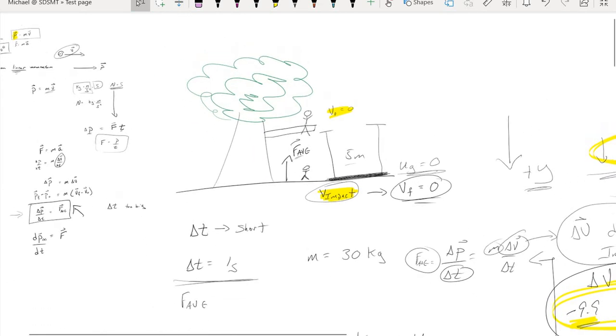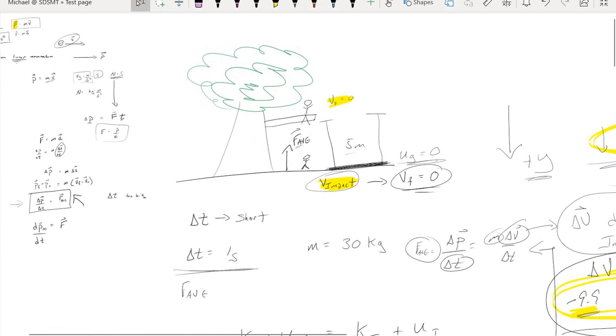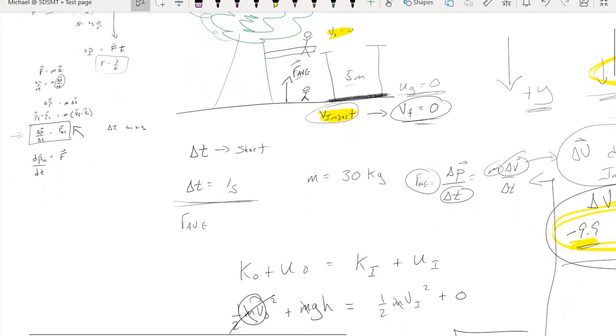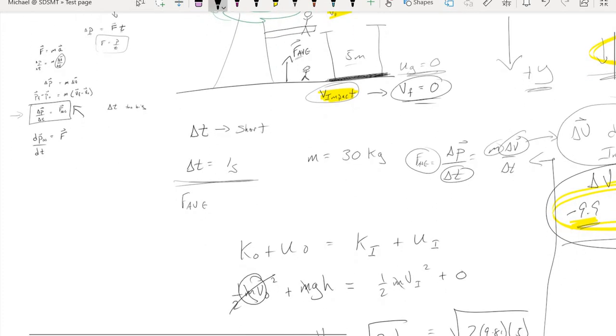And so we need to see what happens during collisions in terms of the momentum, but also in terms of the energy, because these equations for energy are not going to be as useful to us during collisions as they were when we were just moving from one spot to another.